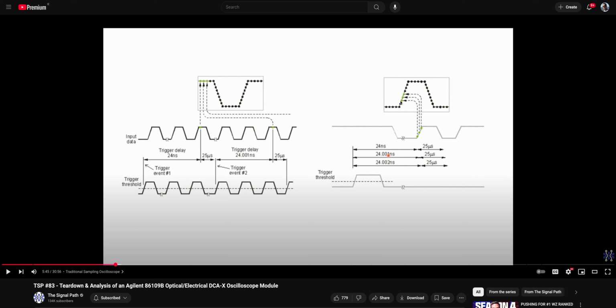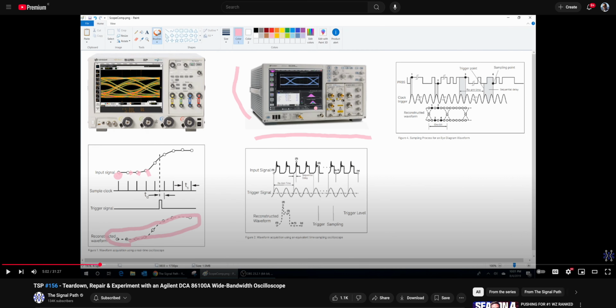In this graph it shows you how you take a sample at a point in time, you let the signal pass, and then you take another sample almost at the same time. Sampling oscilloscopes need to be very accurate when it comes to repeating the sample at the same time, and they have to be very accurate to delay the sampling by a small amount every time. This is the way they reconstruct the signal eventually.